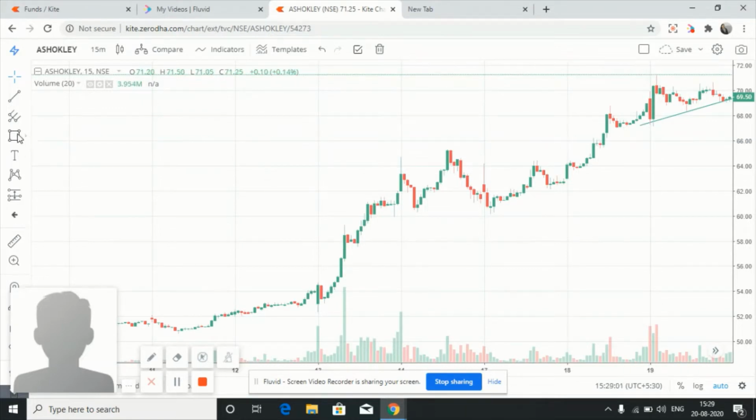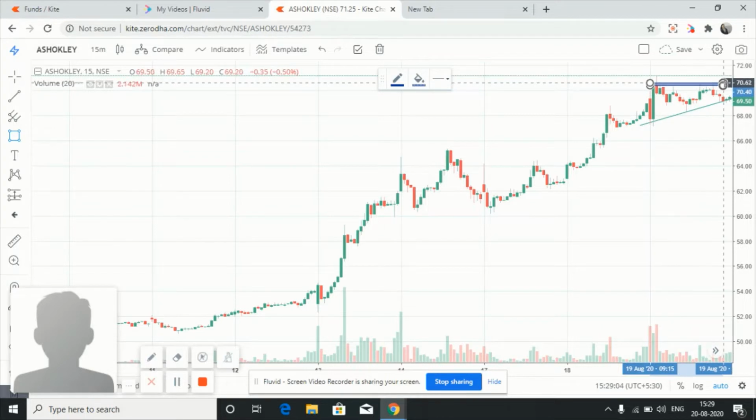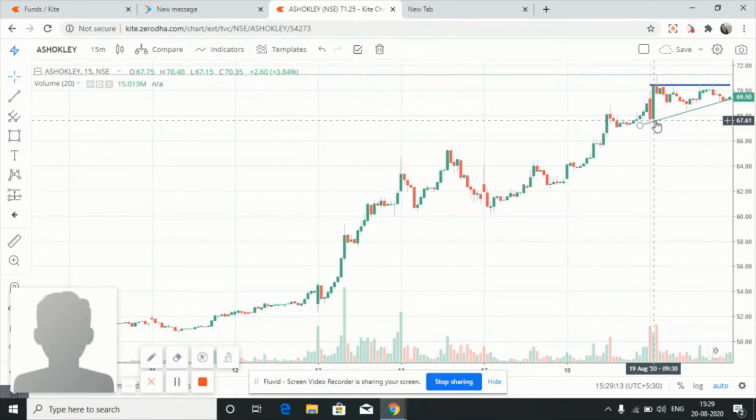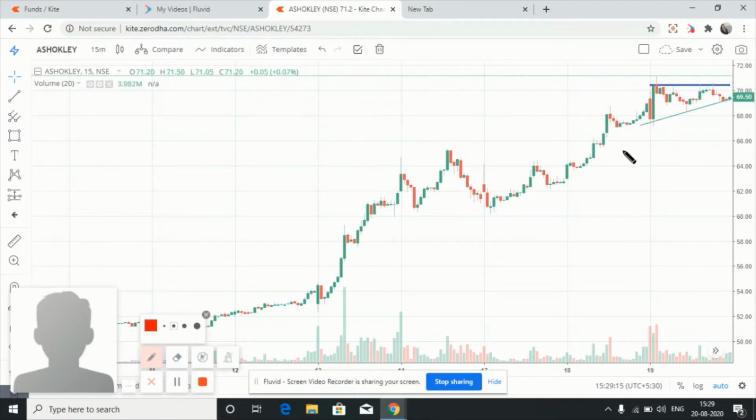What I could see over here is resistance, resistance, resistance, and here when we draw a trend line, we see it passing through its support, support, and support. And yesterday this was my stock for the day.